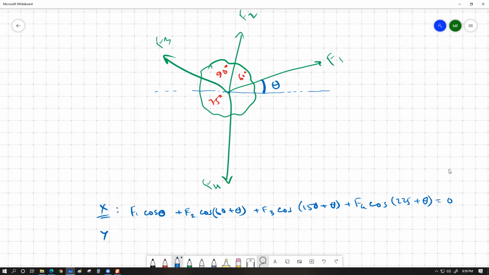On the y-axis, this is gonna look like... that's how we approach the problem.